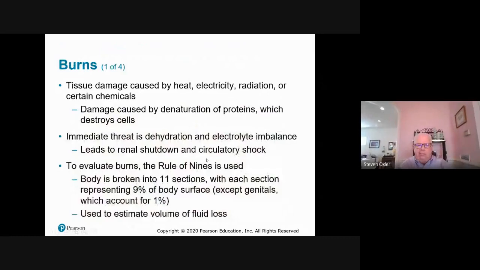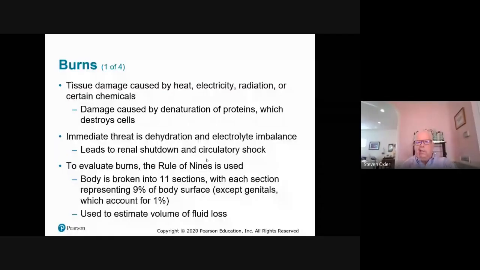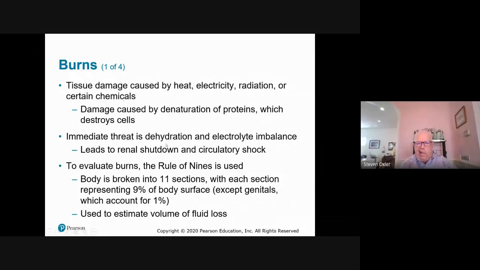Burns. The skin protects you. Your epidermis and dermis protect you from fluid loss. Burns are tissue damage caused by heat, electricity, radiation, and certain chemicals. The immediate threat is dehydration because you lose fluid.